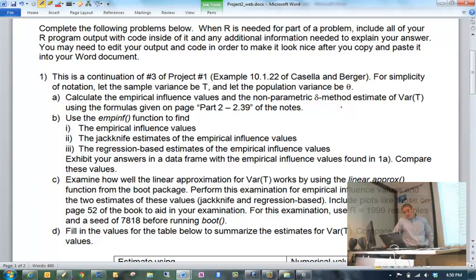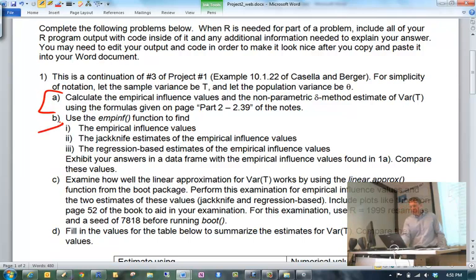Then problem number 1. It's a continuation of problem number 3 of project number 1, so you're using the same data set. What I want you to do is calculate the empirical influence values and the non-parametric delta method estimate of the variance of t using the formulas that we just talked about. You obviously don't need to derive them, but I want you to make sure that you can program them into R and do the calculation.